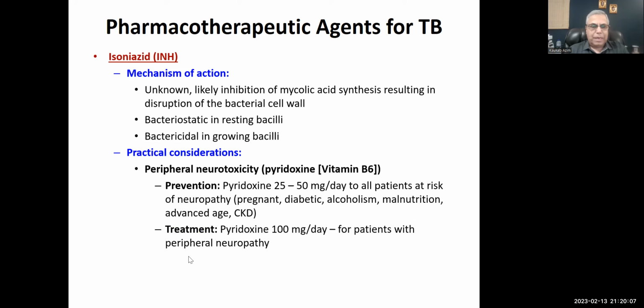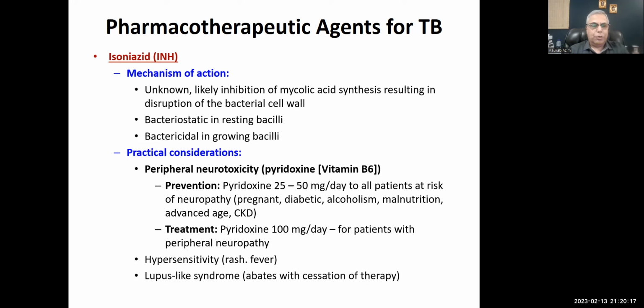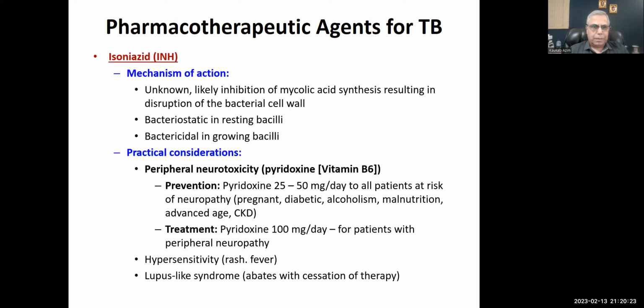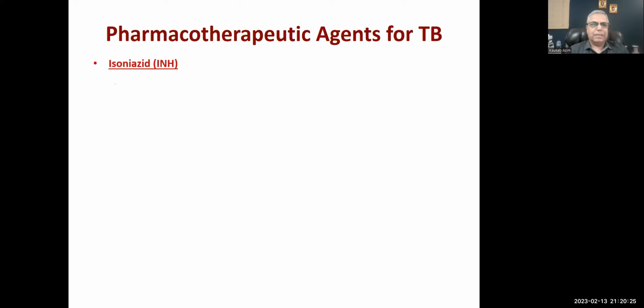Pyridoxine 100 milligram if peripheral neuropathy is present. Here, we are trying to prevent it. Here, it is present, okay? Watch out for hypersensitivity and lupus-like syndrome, right? So then we go on to isoniazid. This is also isoniazid.